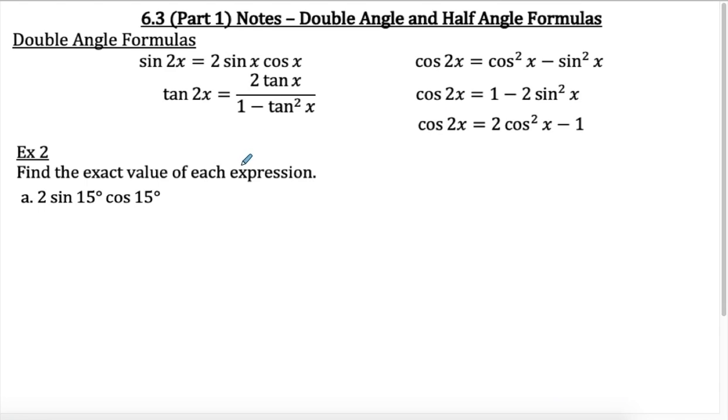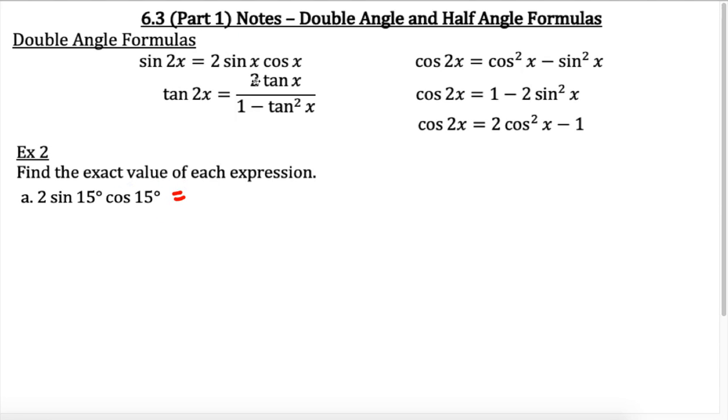The other thing that we can do with these formulas is go backwards, finding the value of something like this. This is just looking at the expression and seeing which of my formulas it fits. Well, this actually fits the sine of the double angle formula.